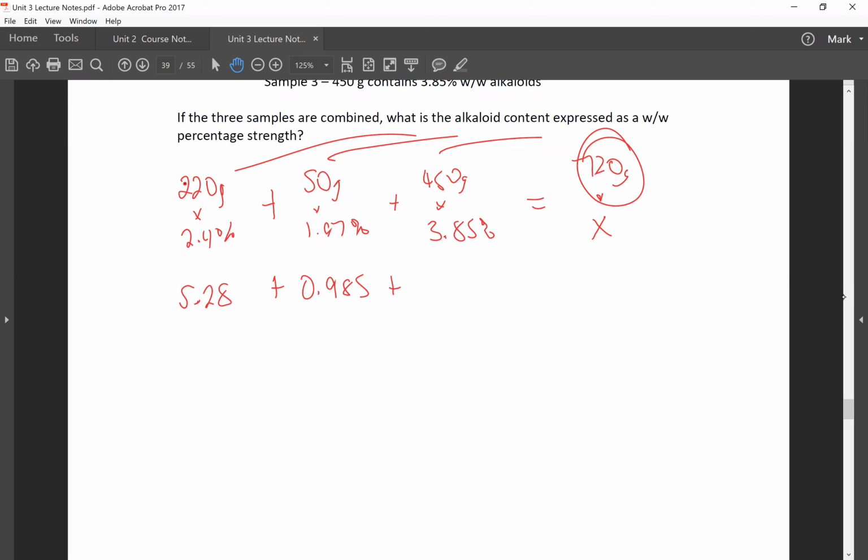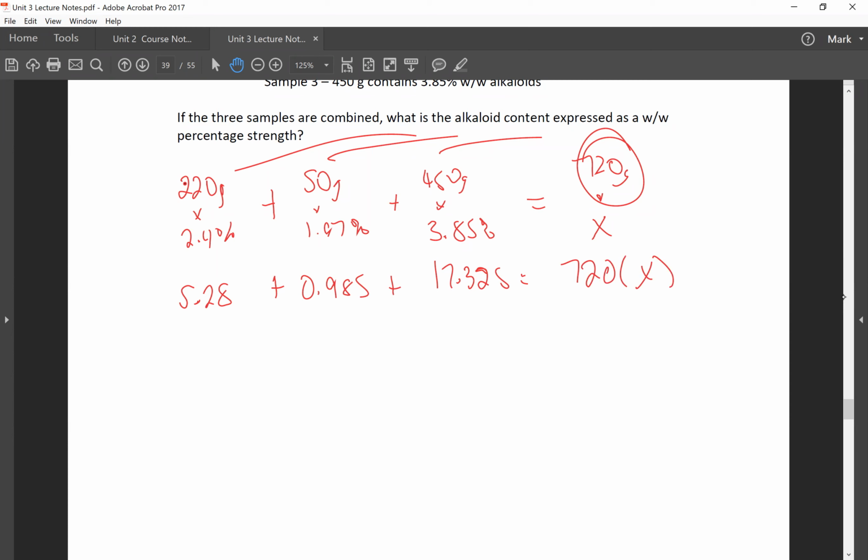And the third one, 450 times 3.85 divided by 100. Oh, I get a big one here. So 17.325 equals 720 times x. Okay, cool.